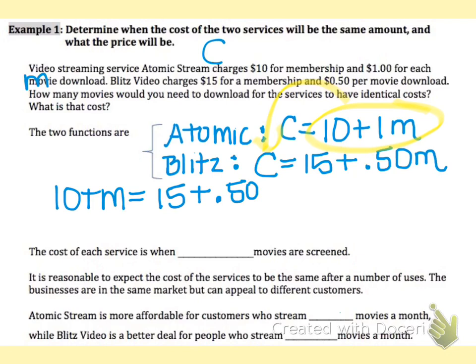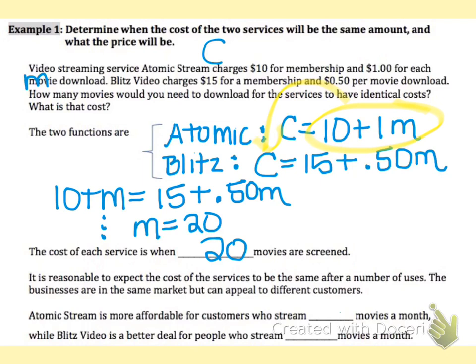Just to save time in this video, because this is a really easy equation to solve, I'll tell you that when I solved this, I got M equals 20, so 20 movies. So the cost of each service is the same when 20 movies are streamed.